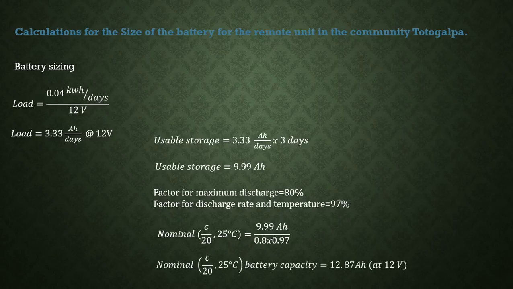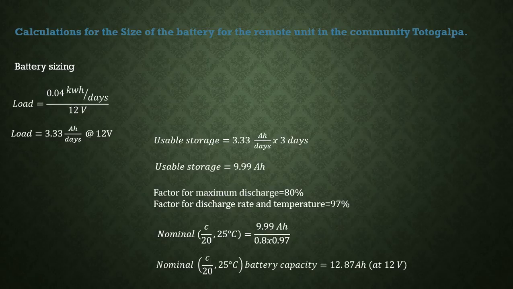Well, also we need to calculate the size of the battery for the remote unit in the community of Tegucigalpa. We use the same formula as for the control central unit, and we have a load of 3.33 amperes hour per day at 12 volts.